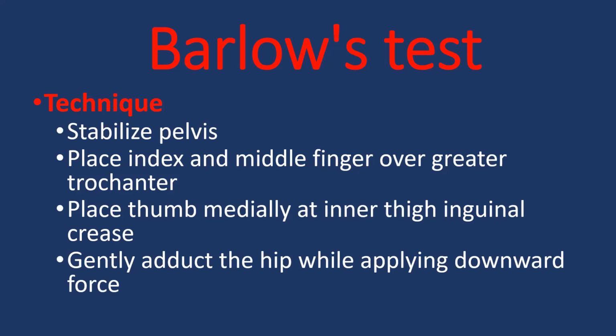Place the thumb medially at the inner thigh in the inguinal crease. I usually put it on the lesser trochanter. Gently adduct the hip while applying downward force. Gently, I repeat, gently.